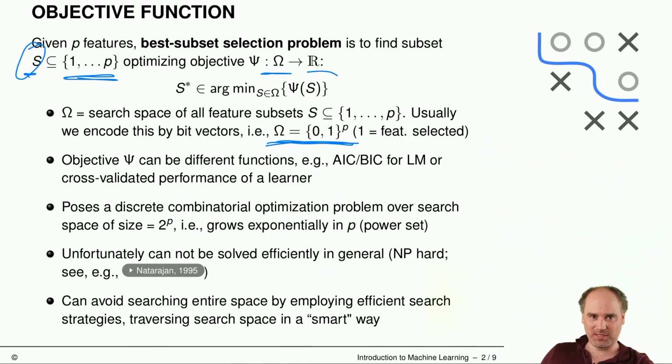So the problem is that we can actually show that even if we would use a very, very simple linear model, and we wanted to optimize just, I think, training error perfectly for that, so that's kind of the simplest scenario you could come up with, that problem can be characterized as being NP hard.